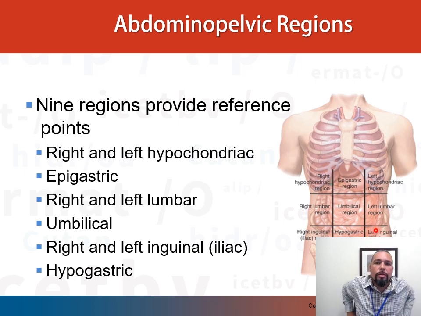If you put your hands where your love handles would sit and push down, many of you should be able to feel your iliac crest. So you have a left and you have your right, your iliac region being right there. And then you have your hypogastric region right under your umbilical region.